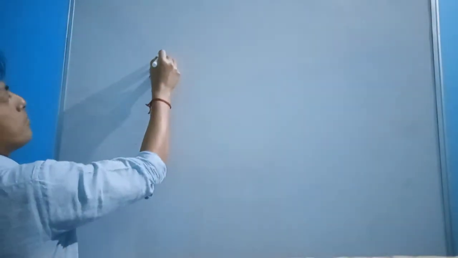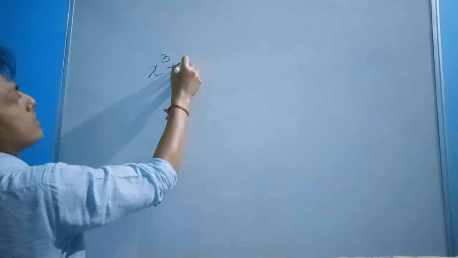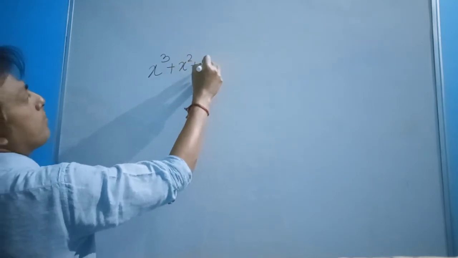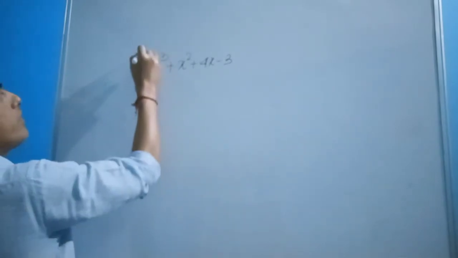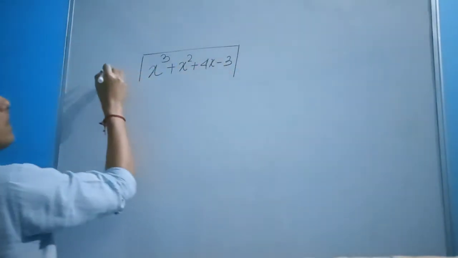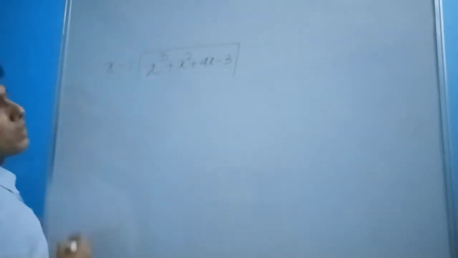Taking another example. Suppose we have x to the power 3 plus x square plus 4x minus 3 divided by x minus 1.